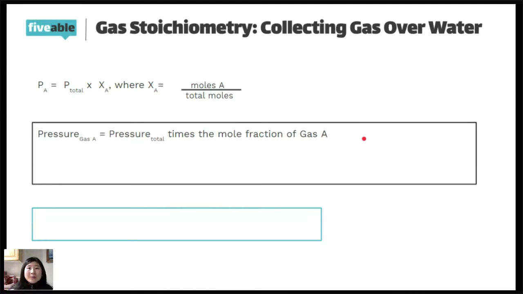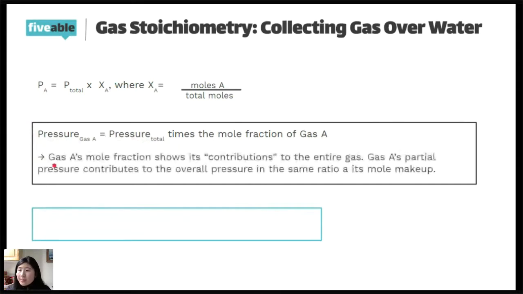Then we know that the oxygen gas's pressure is made up of 20% of the total pressure. So basically, the fraction of the moles that you share determines the fraction of the pressure that you share. I hope that makes sense. If that doesn't make sense, let me know in the chat box and I can clarify things.